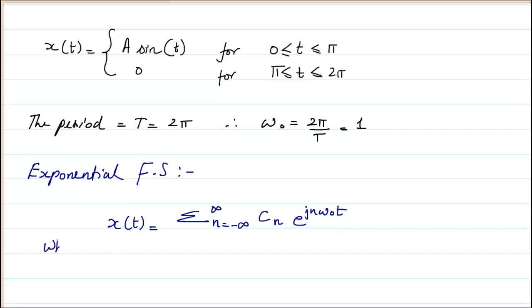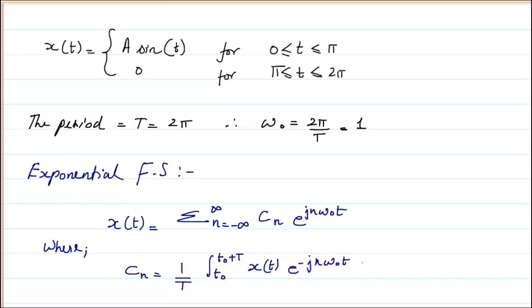Where C of n is basically found out by 1 by T integral from t naught to t naught plus capital T of x of t e raised to power minus jn omega naught t.